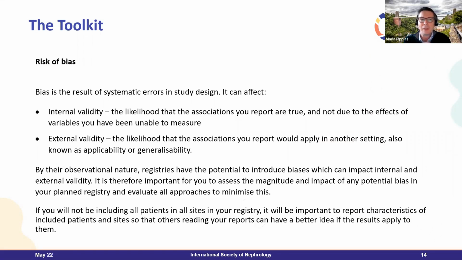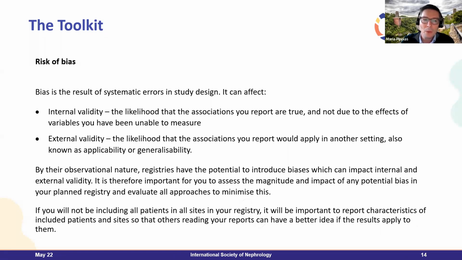At this planning stage, it's really important to think about bias, and this is where I think the temptation often is to say, well, so long as we include a lot of people, it doesn't matter if we've included everybody. But in a registry, one of the big advantages is that they're representative of the population that you're trying to describe.